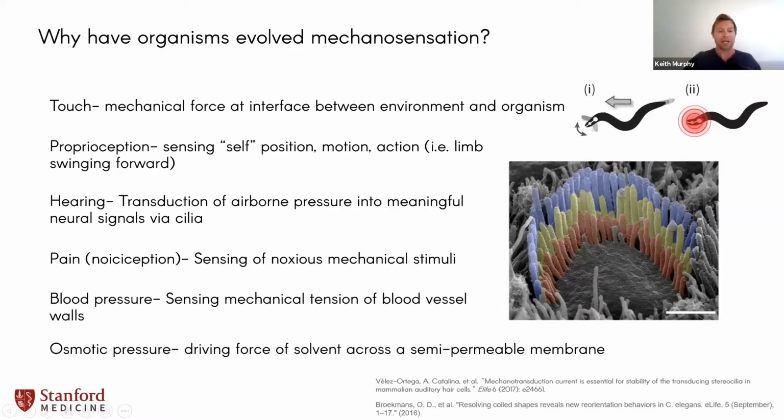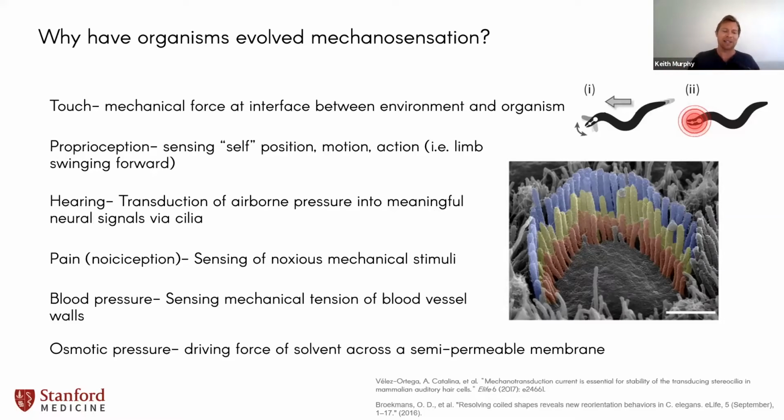And osmotic pressure is probably one of the most important ones when we think about the brain. Osmotic pressure is really just sensing salt concentrations driving fluid across permeable membranes. So if there's high salt on one side of a membrane, water really wants to travel towards that salt to balance that concentration.